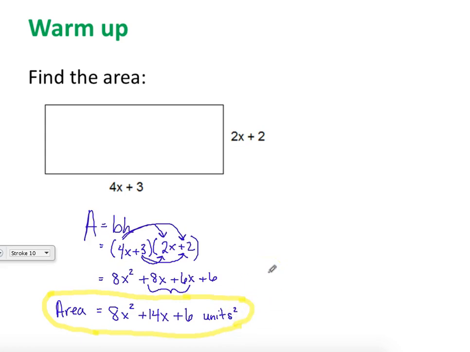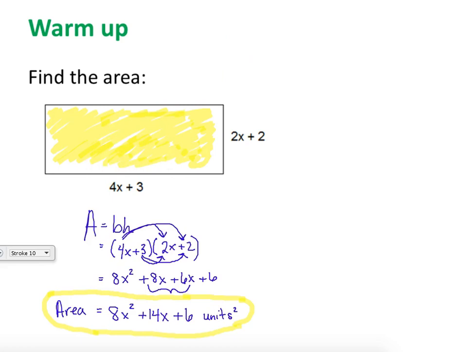That gets us thinking about area. Remember, area is all the inside stuff of a figure, the stuff confined by a two-dimensional shape.